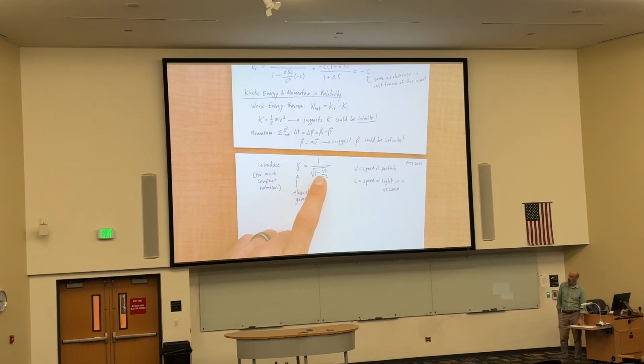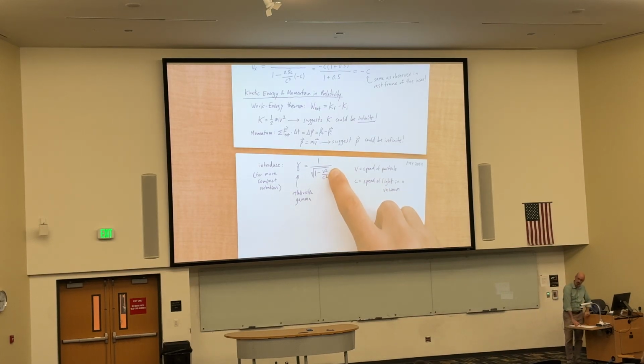And so I have 1 over 0.8, which is 1.25. So it gets larger than 1. The closer you get to c, the closer gamma gets to infinity. Because if I actually travel at the speed of light c, I have c squared over c squared, which is 1, so I have 1 minus 1, and the square root of 0. And I have 1 over 0, which is infinite. So as v gets larger, relativistic gamma gets larger.